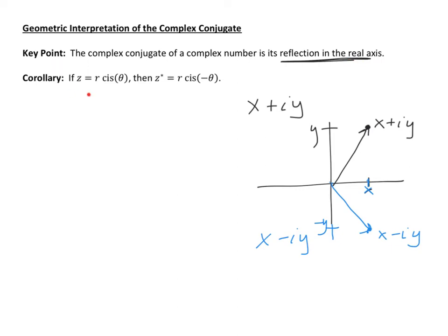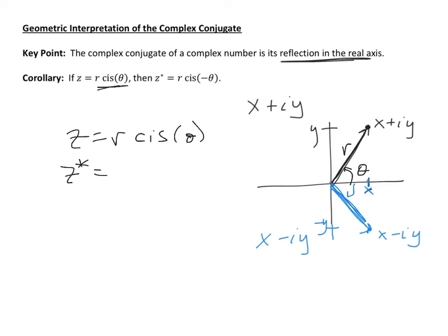Now, as a corollary to this, if we thought about this in polar form and said that z was r cis theta, it means that this angle right here is theta, and this length right here is r. Well, then it would make sense that the conjugate would be the exact same length.